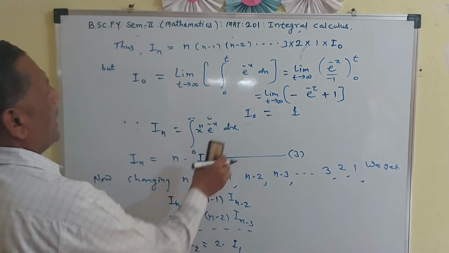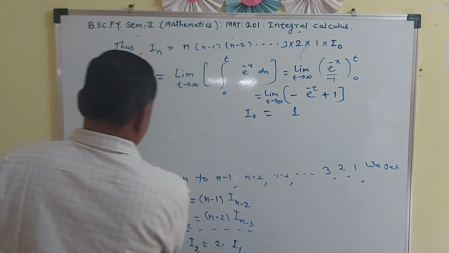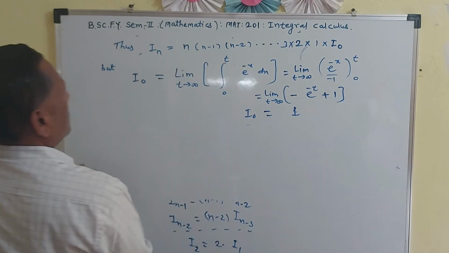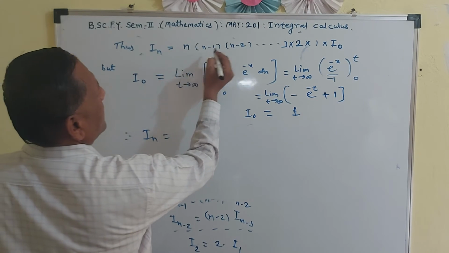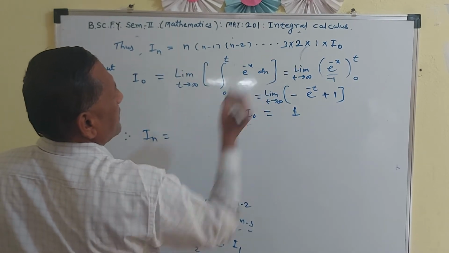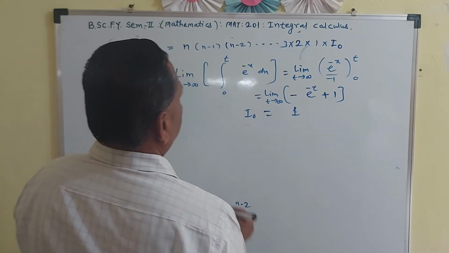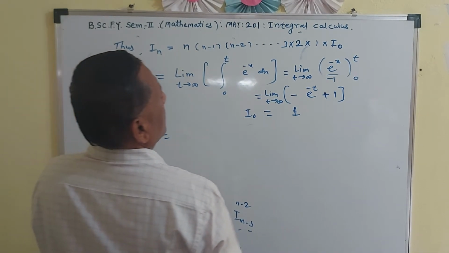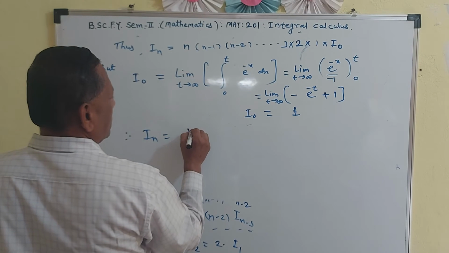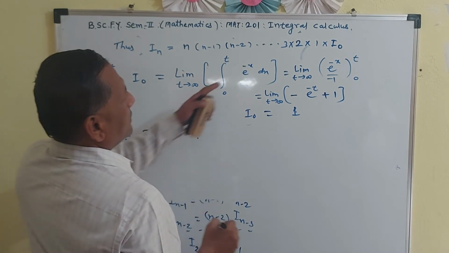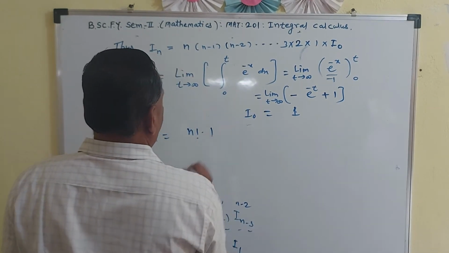Then In becomes: In is equal to n into n minus 1, n minus 2, n minus 3, down to 1. So this is factorial n and I0 is 1. Factorial n into 1.